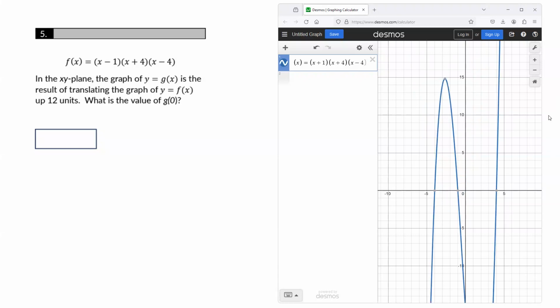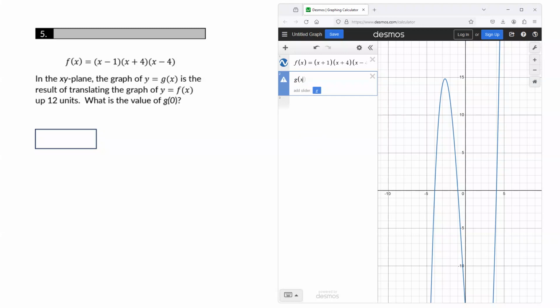All right, here I can see that cubic function. And then it says that g of x, right, is the result of translating the graph of f of x up by 12 units. This is how I tell Desmos that.